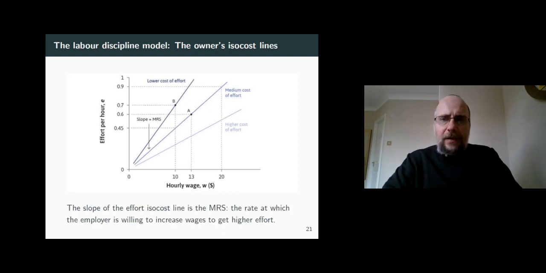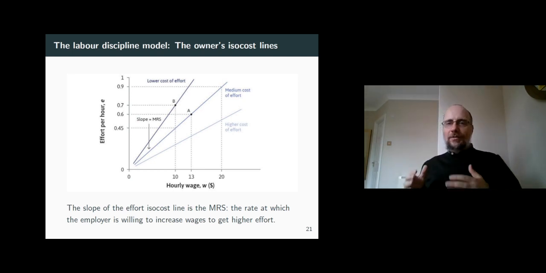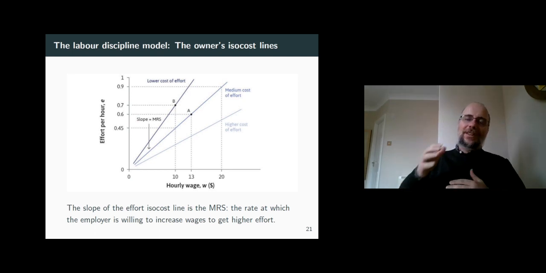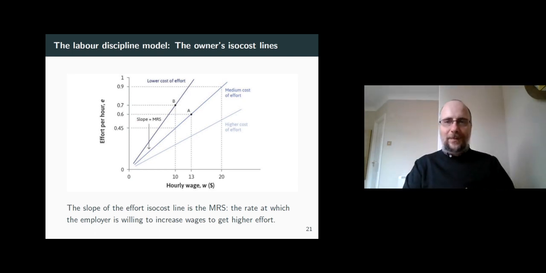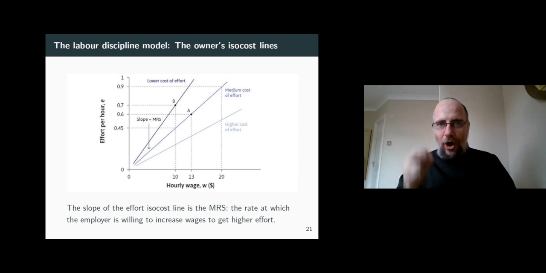But then, see what happens here. The slope of these effort isocost lines is actually a marginal rate of substitution. It's the rate at which the firm pays for an extra unit of effort and keeps its costs per unit of effort the same.